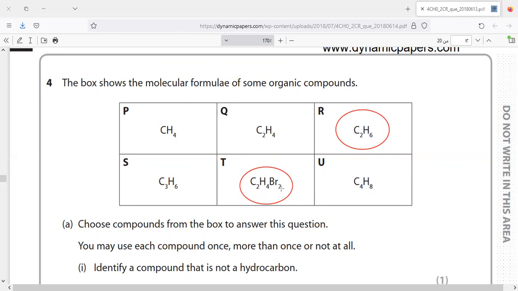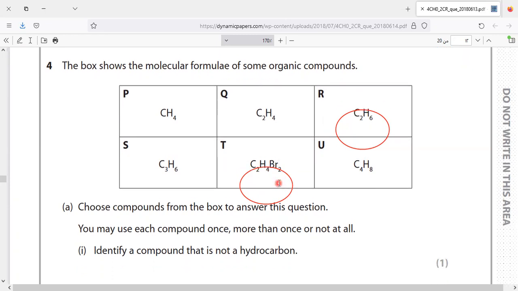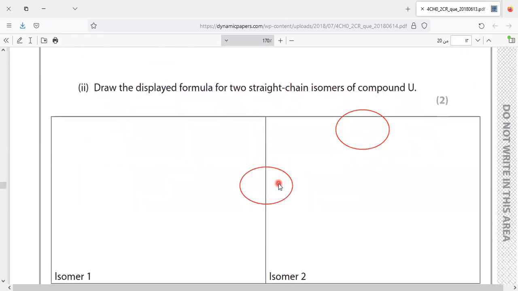Bromine. Yes, there is a condition for this reaction. Ultraviolet radiation, yes, ultraviolet radiation or light. This is, if you remember, the reaction between alkane and the halogen. What is the halogen here? It is bromine.